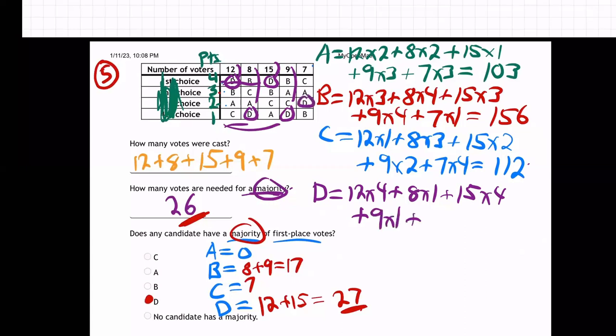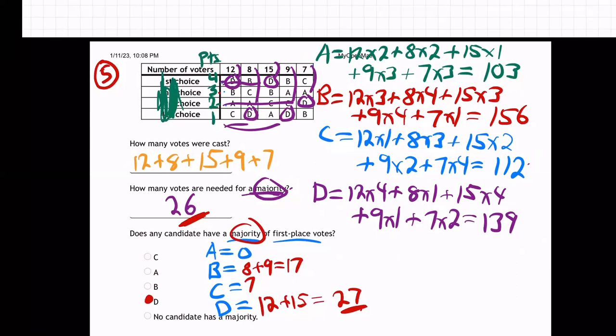And here's D here. 7 people gave D 2 points. Add that up. I'm getting 139 points. All right.